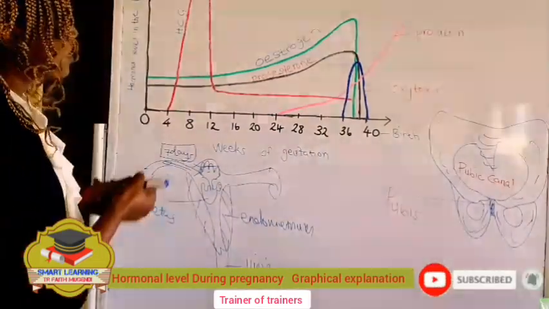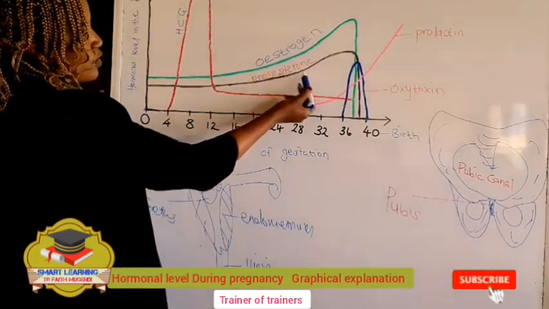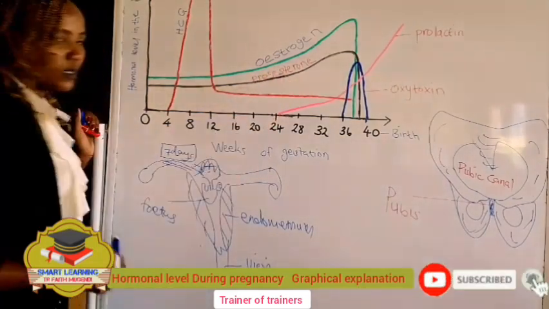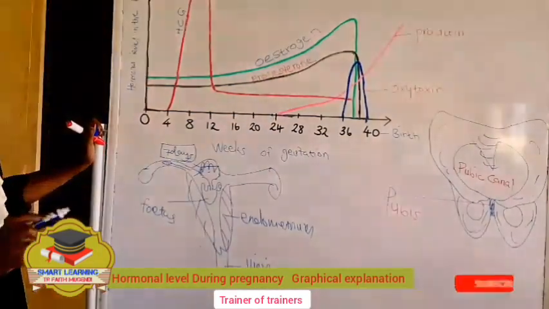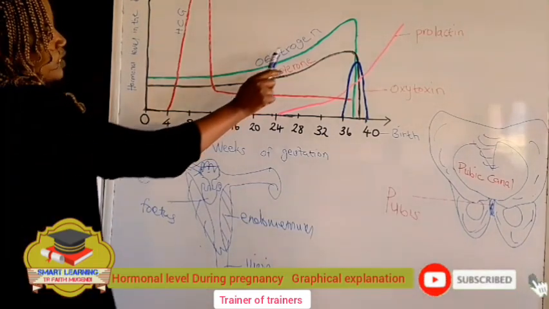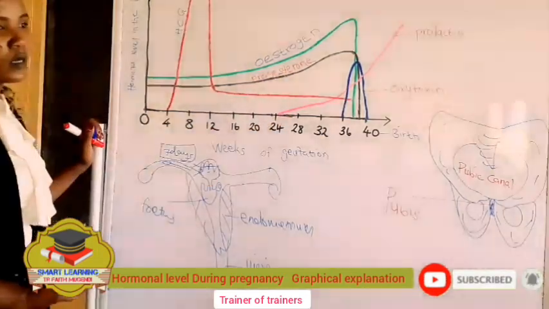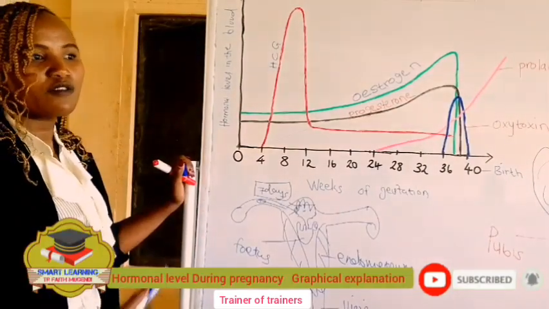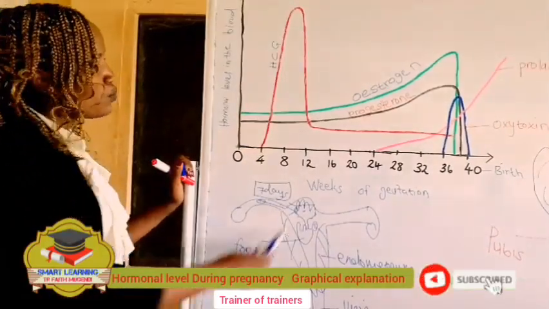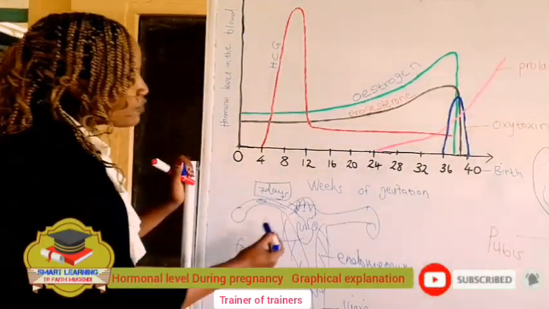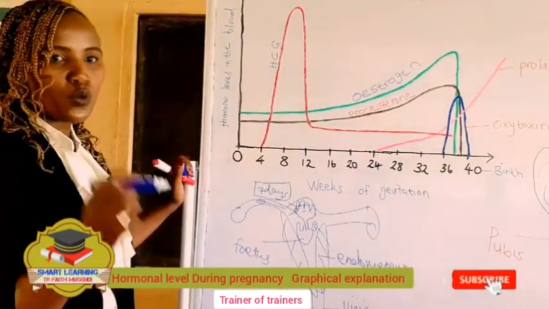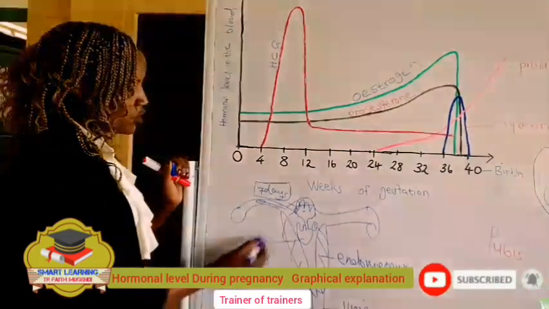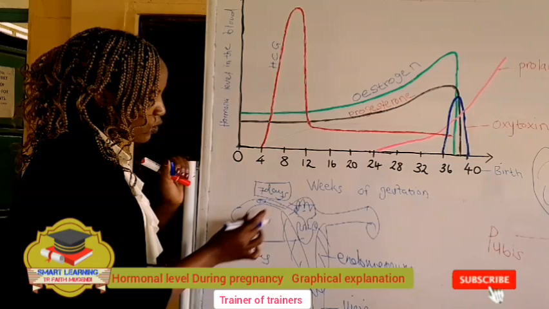We need these hormones, progesterone and estrogen. Are we together? Since we need estrogen and progesterone, and yet the placenta, which has the ability after fully developing to produce these hormones, has not developed well, what happens? After fertilization, this is where we have the ovaries.